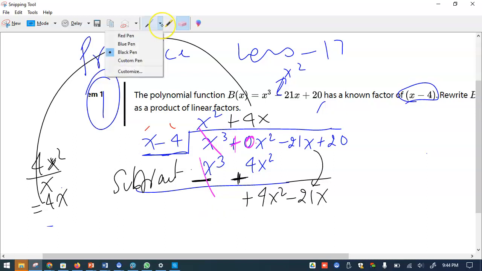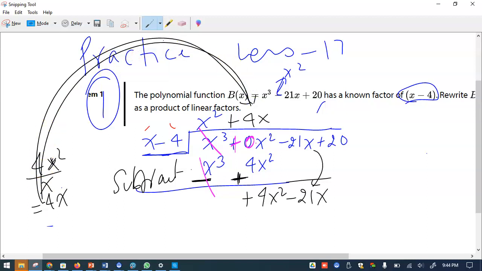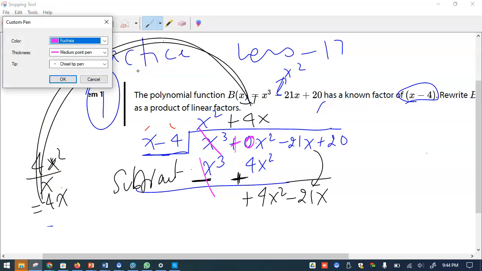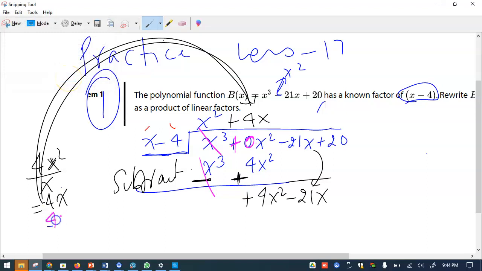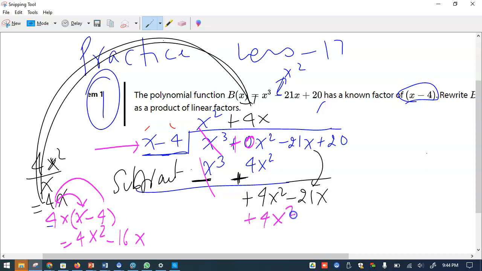Then you multiply this 4x which you get by the divisor x minus 4. 4x times x is 4x squared, and 4x times negative 4 will be negative 16x. That part I'm going to write here.